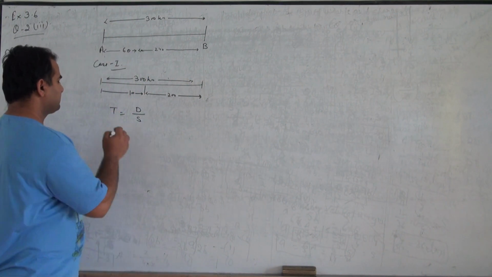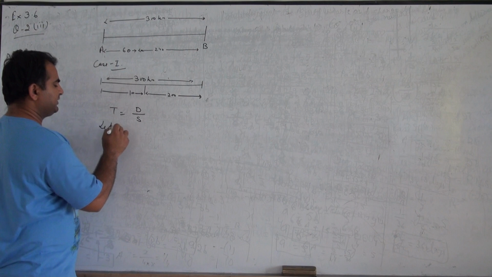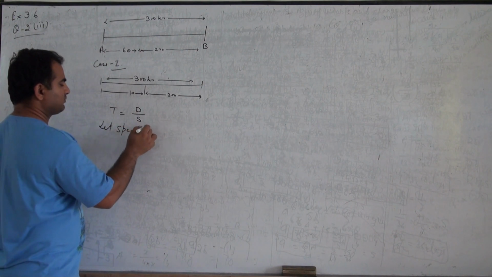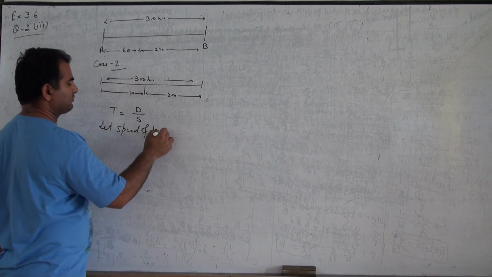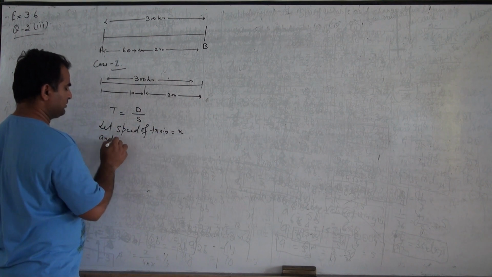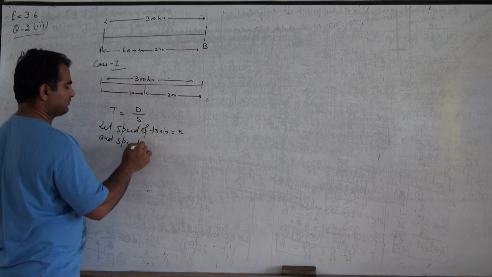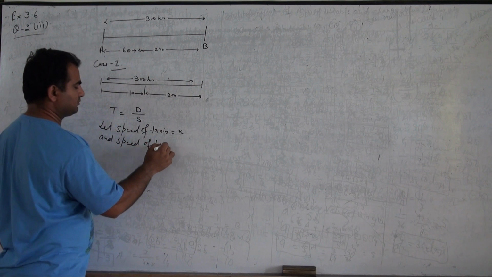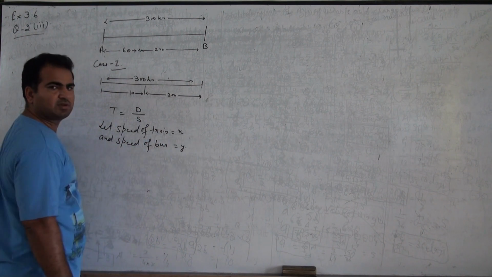So let speed of train equal x and speed of bus equal y. Done.